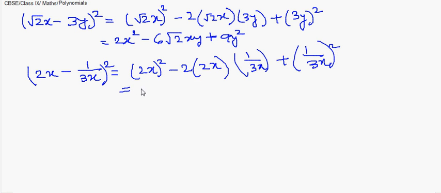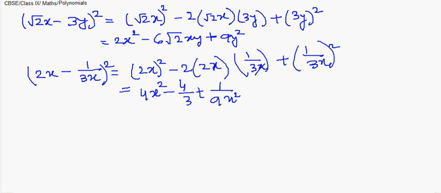So it is 4x square, and this is 2 into 2, but that will give us 4 by 3, because this x might get cancelled, so minus 4 by 3 plus 1 by 9x square. These are the simple ones.